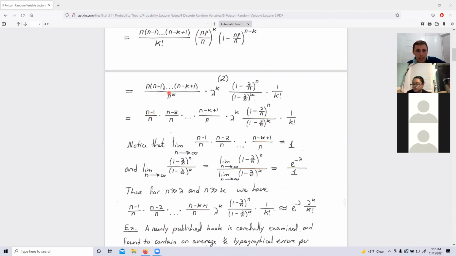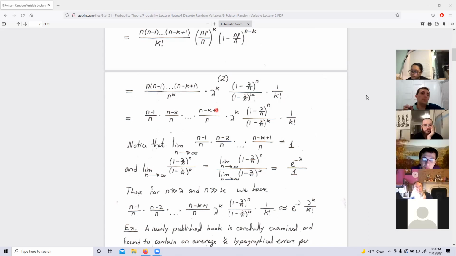Next, I look at this expression. What can I write here? I can write it as n divided by n, n minus 1 divided by n, n minus 2 divided by n. For each of those, I have an n available. Do you agree? For this n, for this n, for this n. So I just distribute the n, and I have those expressions. Now, what happens if n is very large, but k compared to n is small? I'm not going to be asking probability for large k's, because they're going to be extremely small.